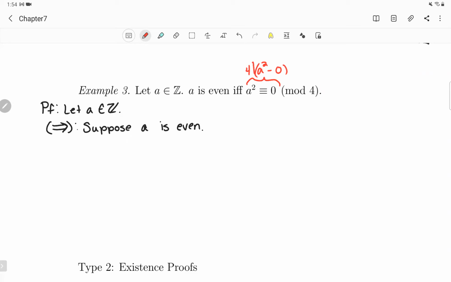All right, so that's what I'm keeping in mind as I go. So a is even. What's that mean? Thus, a equals 2k for some integer k.